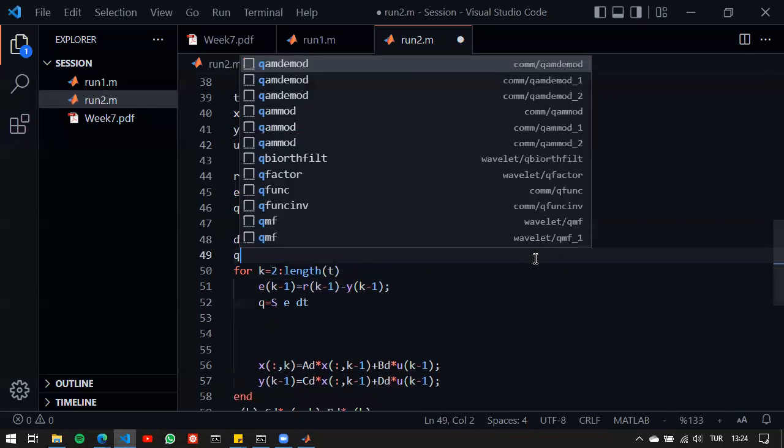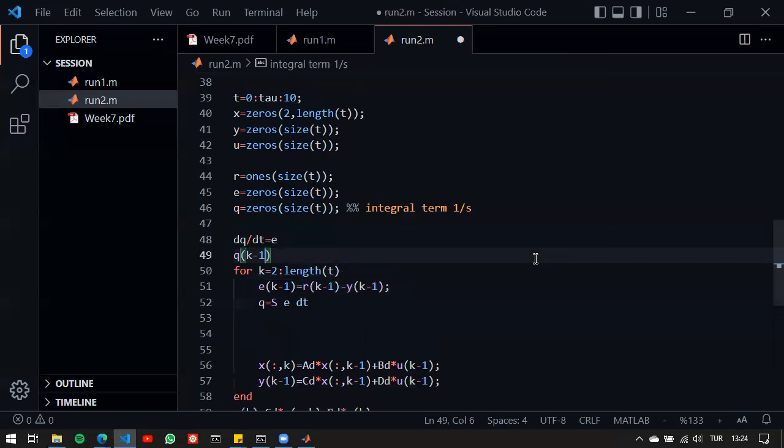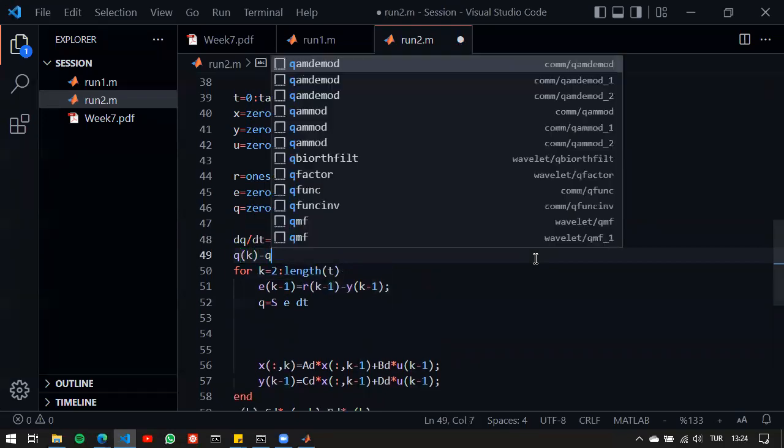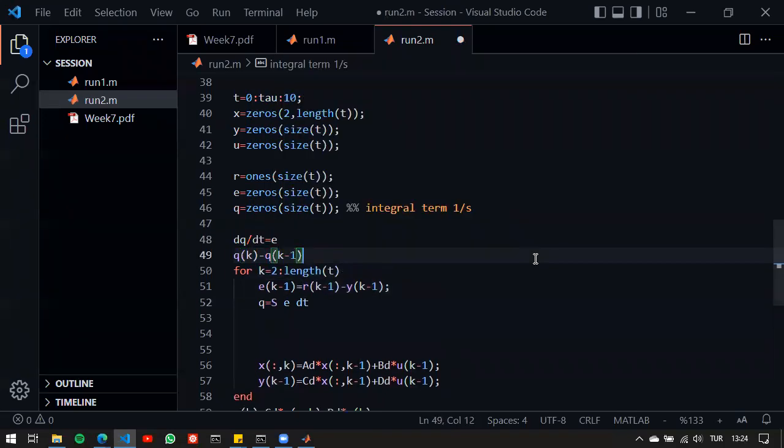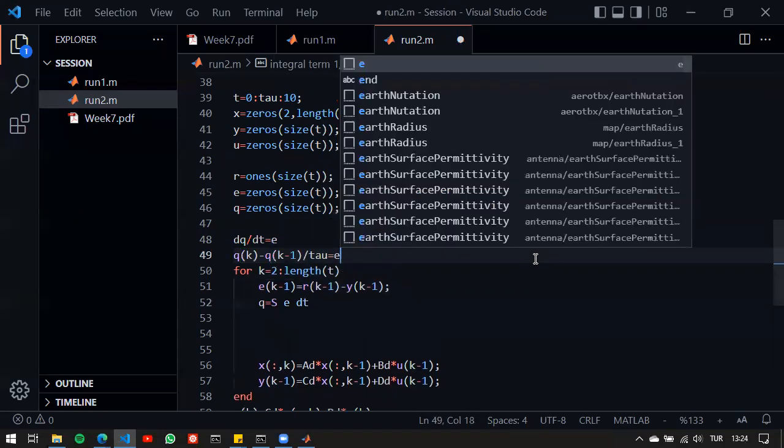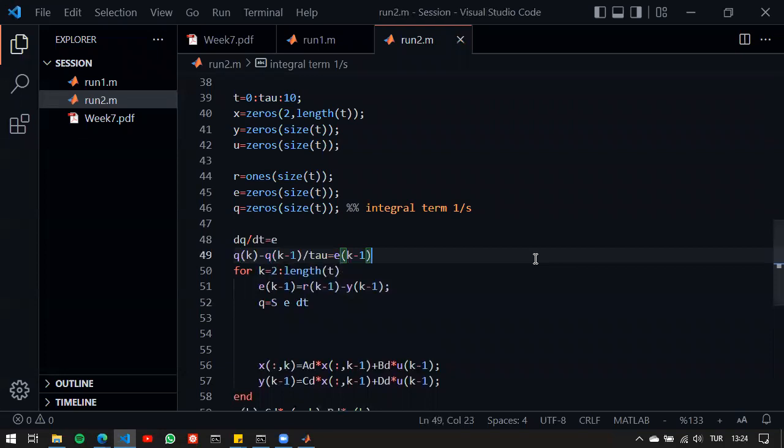And therefore, since I'm using again zero order hold method, what I can do is I can do this. Divided by tau should give me e. I've taken a difference and I've divided into tau, and I've equated e. This is basically an approximation here again.